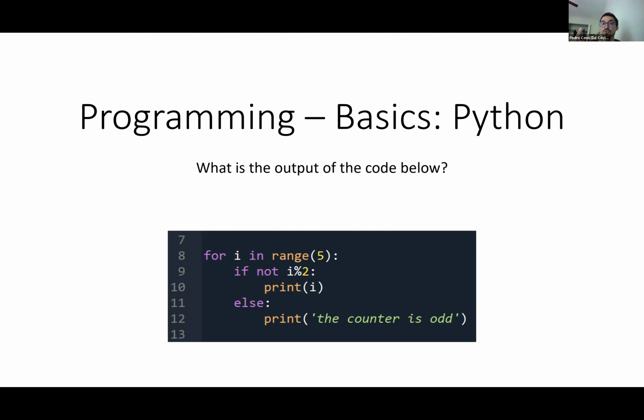Now it is true. If it's true, you do what is inside the if statement. So in short, if your number I is even, you print I. That's all. If it's odd, which is else, so else is basically testing whether the previous statement is false. So if the number is odd, you print the counter is odd.